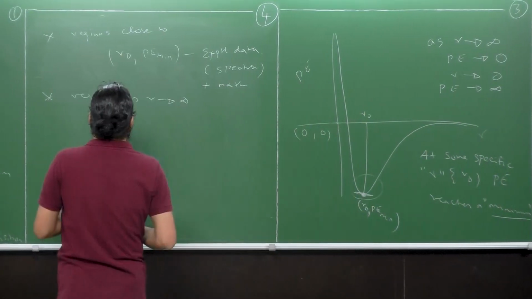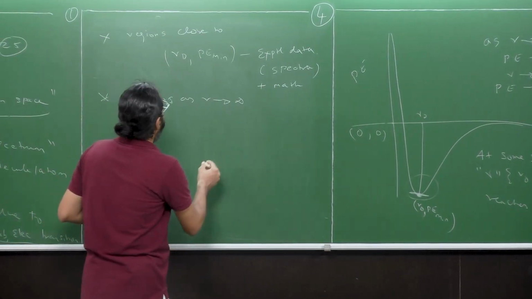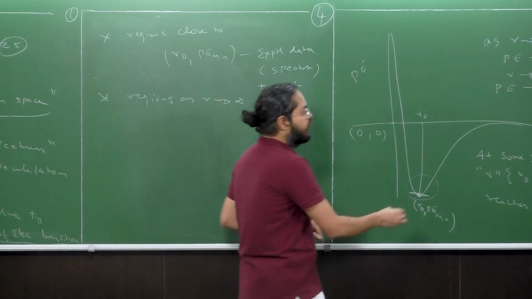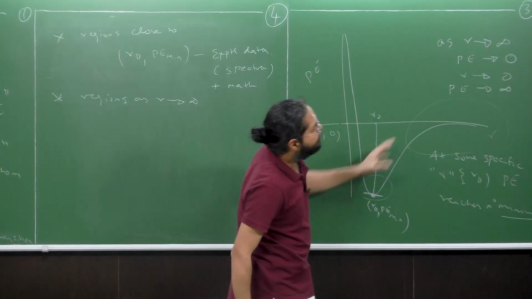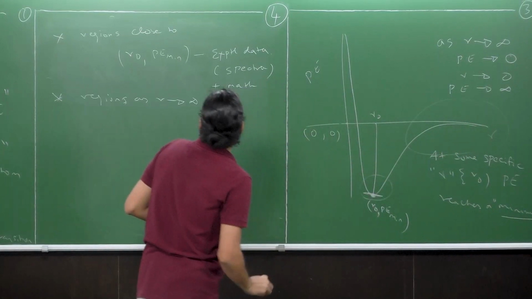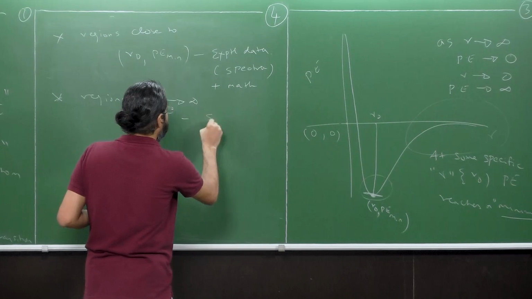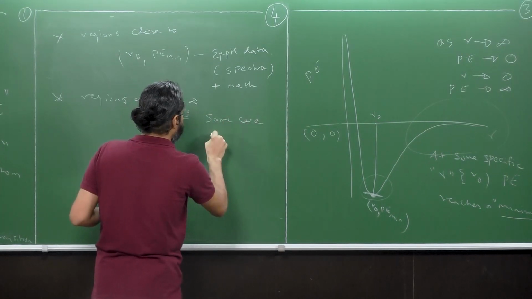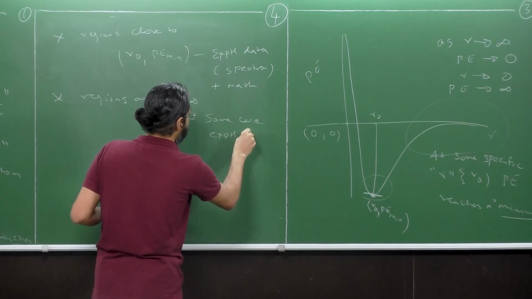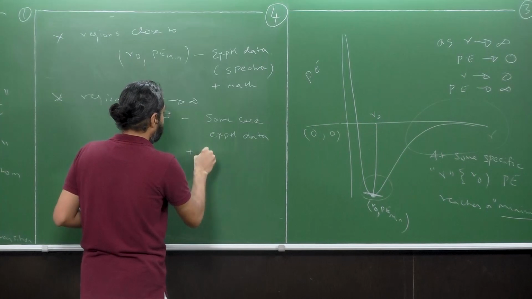As R tends to infinity, this region of the curve, we get the information from, in some cases, experimental data, right? And the math always, plus.